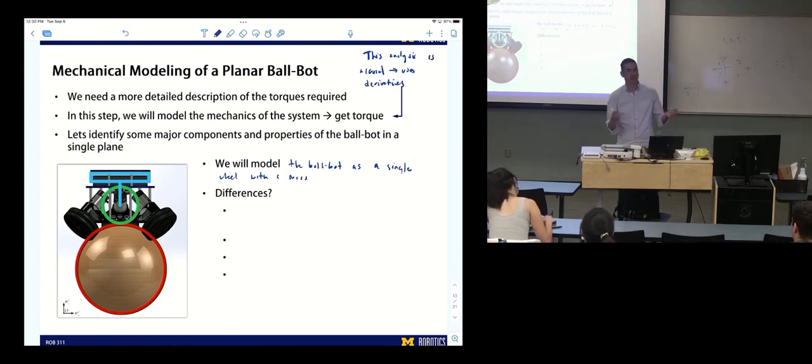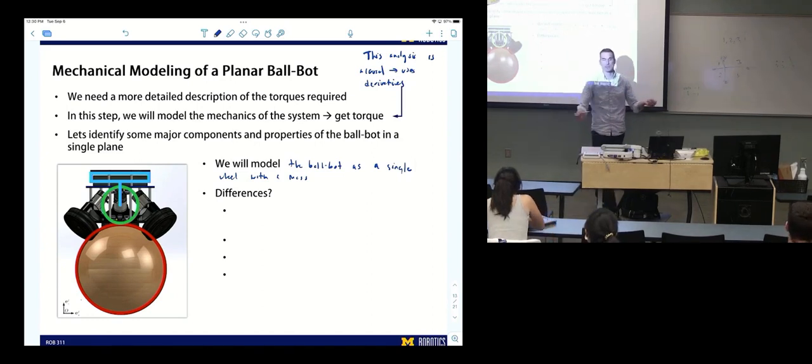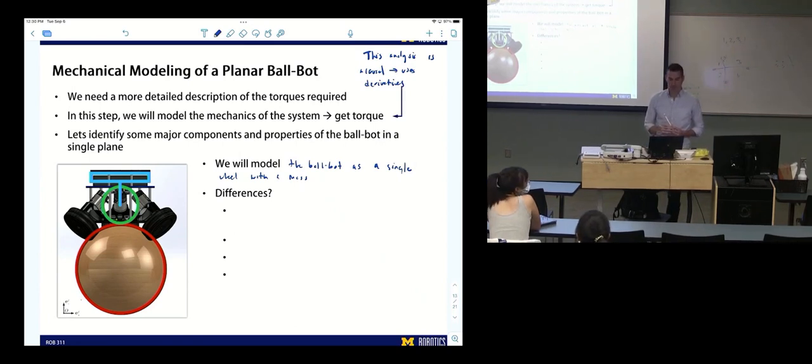How will those differences manifest in our analysis? What will be different about this? Let's say we do this analysis, but we're using it to spec the 3D version with 3 motors. What differences would there be? There's one major difference. Yeah, the ability to fall out of the page, I guess.